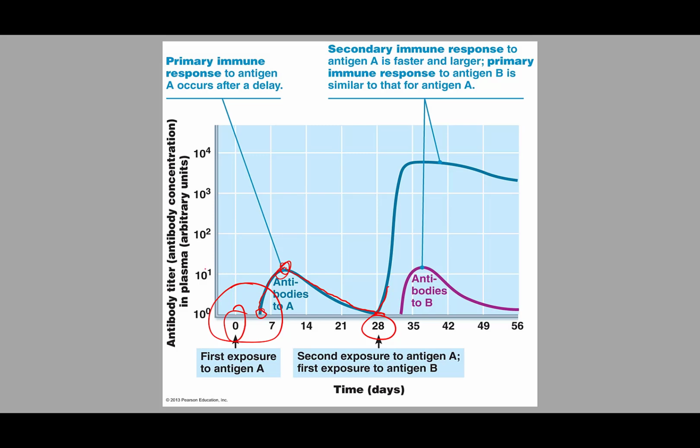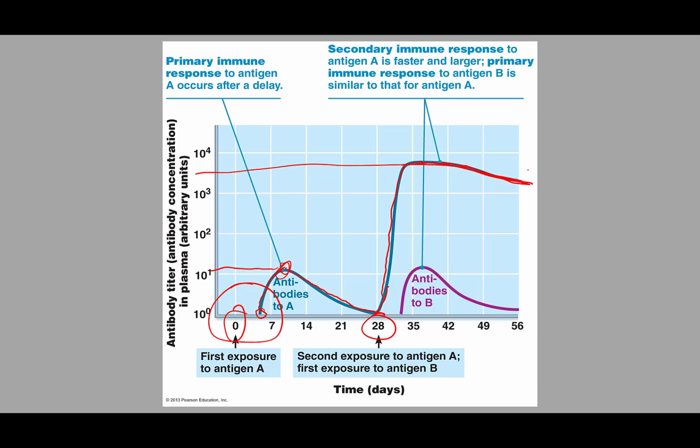In this first encounter, we can see not really a lot of antibodies. But here, on this second or later encounter, the antibodies come about immediately and in force. There are a lot of antibodies, and the antibodies stay elevated.